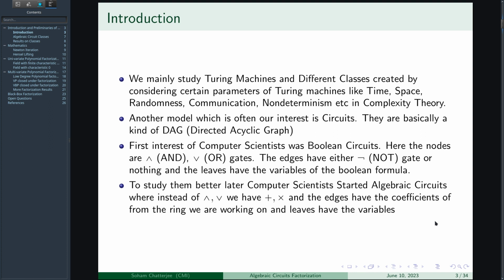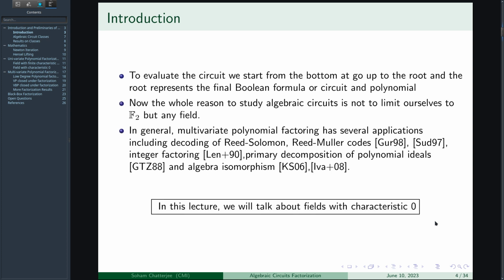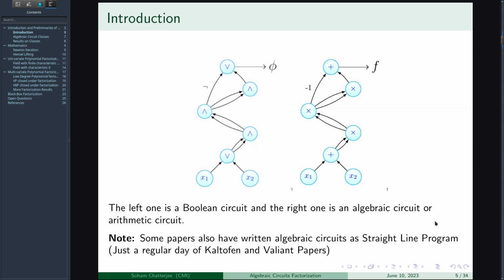But here we have only one root, and we start from the bottom, the leaves, and start computing at each level. We compute up the tree and reach the root, and whatever computation we get is the value of that circuit. In Boolean circuits, you may know that there are AND, OR and NOT gates, and each edge may have a NOT symbol or nothing.